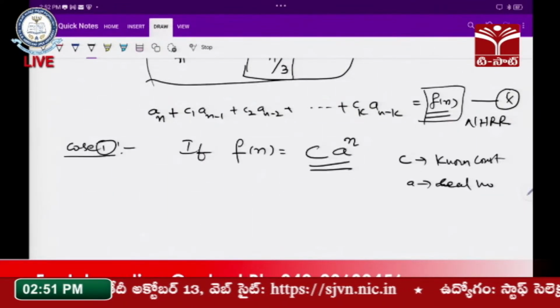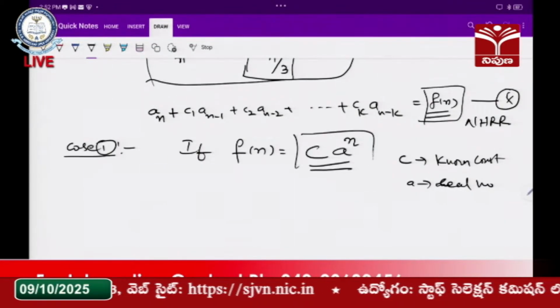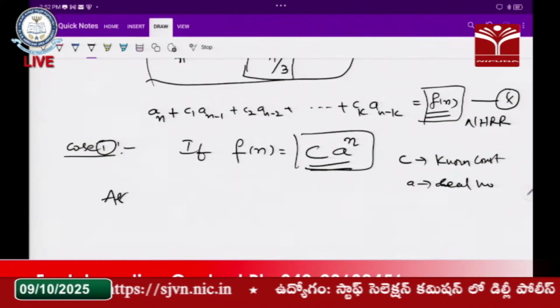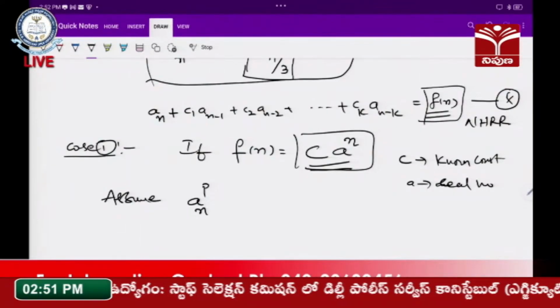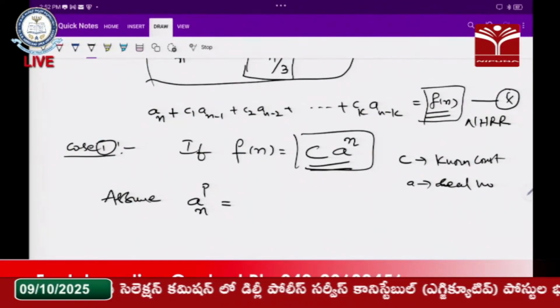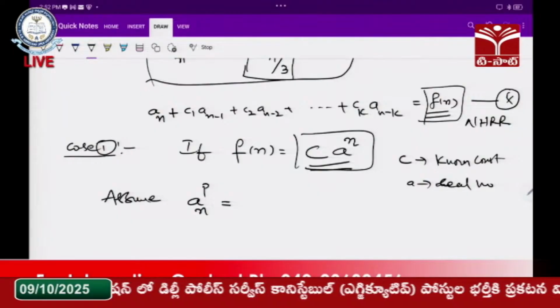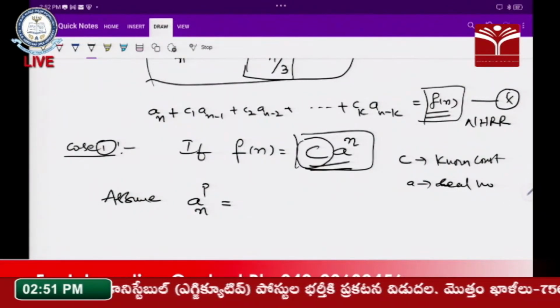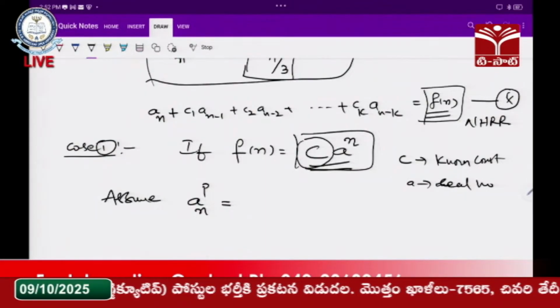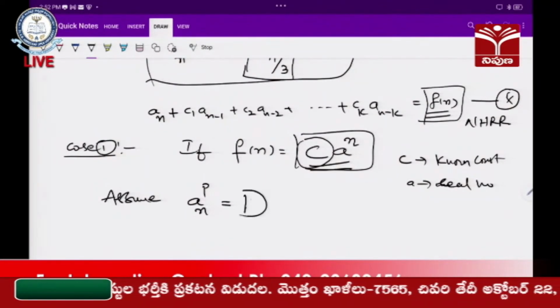Here also, when this structure is there, assume the particular integral anp as, what is the method named as? Method of undetermined coefficient. Instead of a known coefficient, put one unknown coefficient, let us say some d.